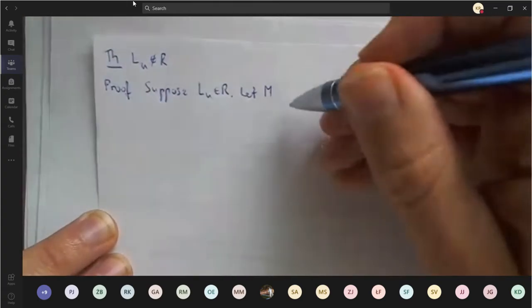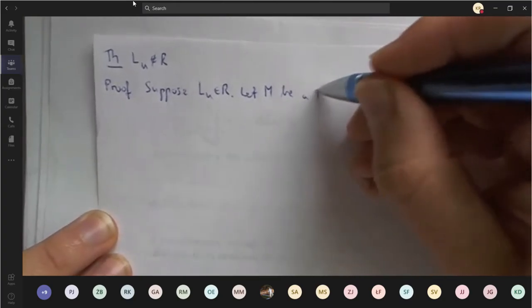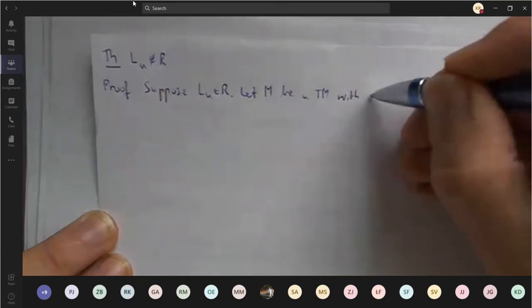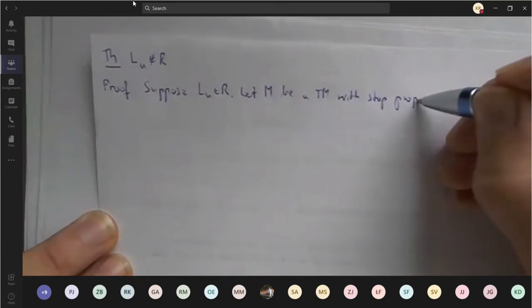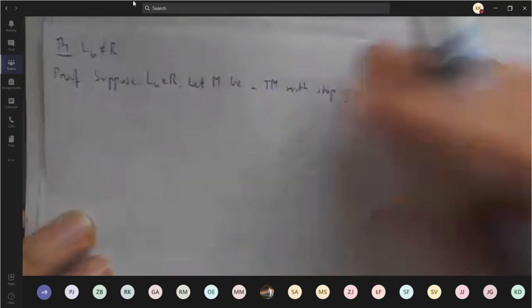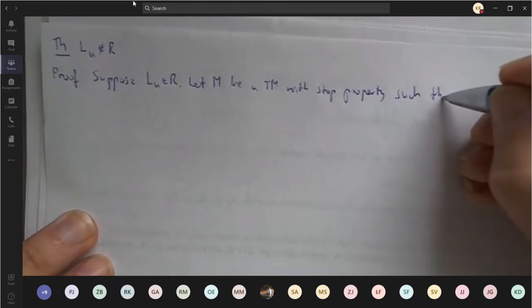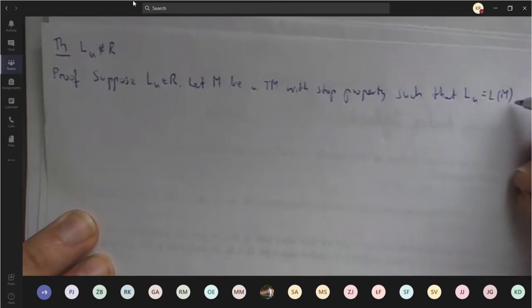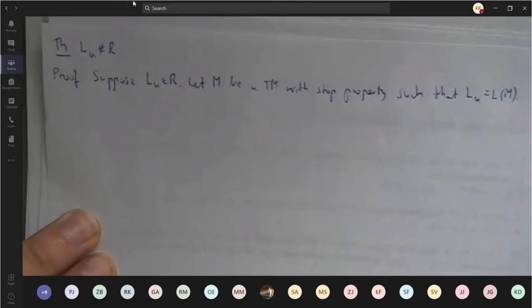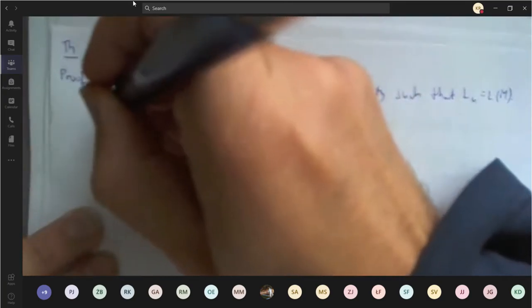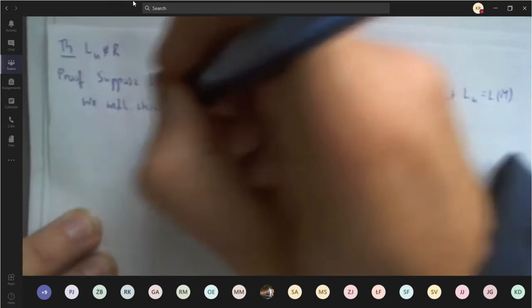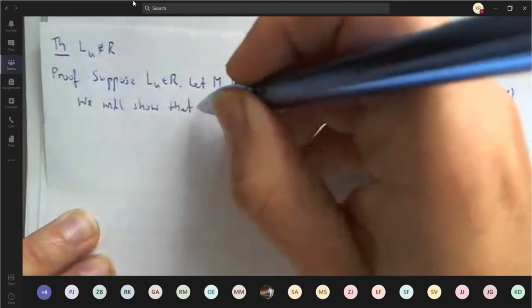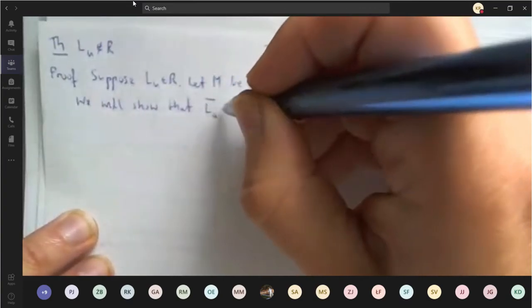Let's denote it with M. We will show that the complement of the diagonal language is recursive.